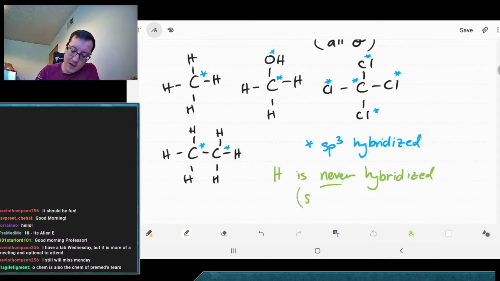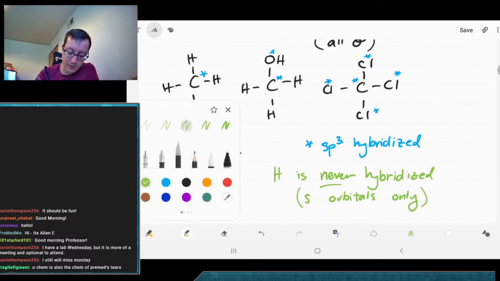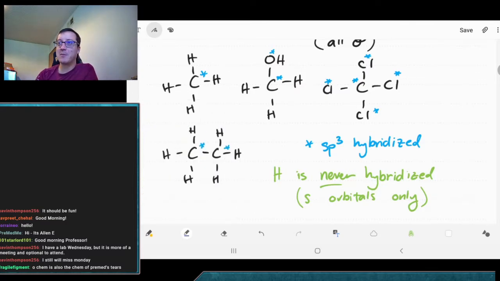We're going to have s orbitals only here. All right, so just remember that. So we can have hybridization happening on any other atoms besides helium, I suppose, but helium doesn't bond with stuff, so it's okay. We're not going to need to make bonds with helium.